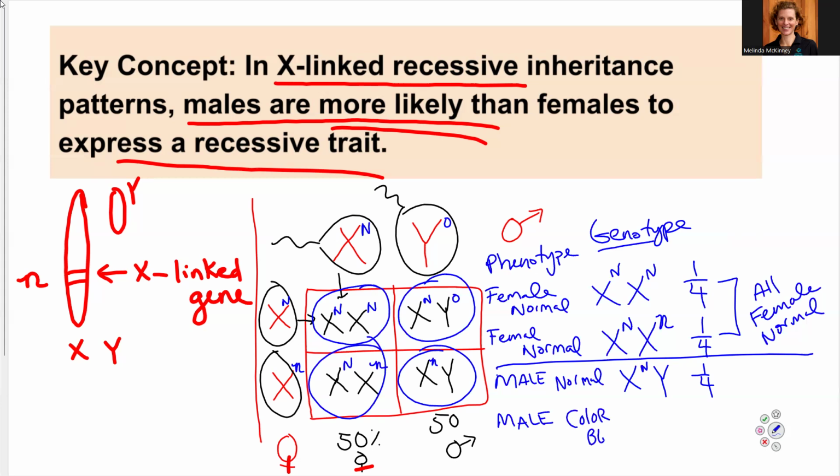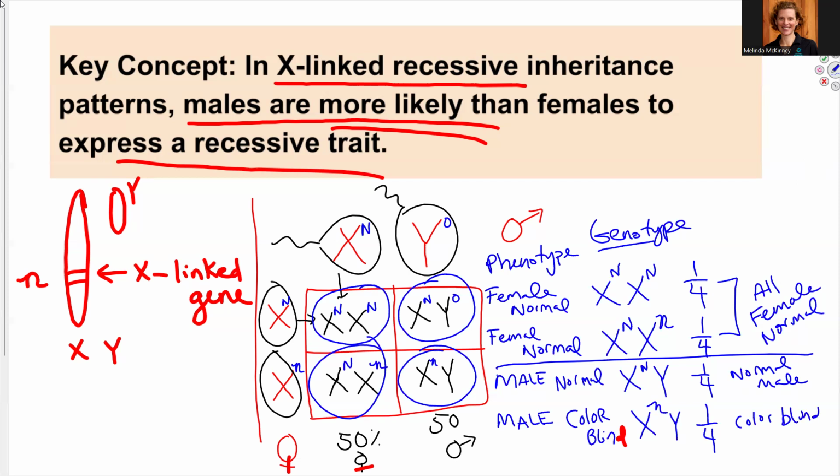So we have 1/4 of the offspring that would have the recessive allele. It wouldn't be masked by a dominant allele, so they would be colorblind, right? So then we have 1/4 that is normal male, and 1/4 is colorblind.